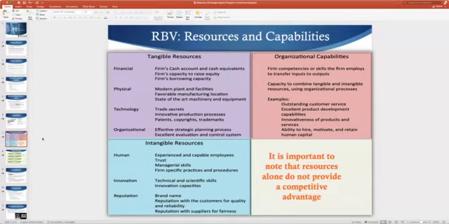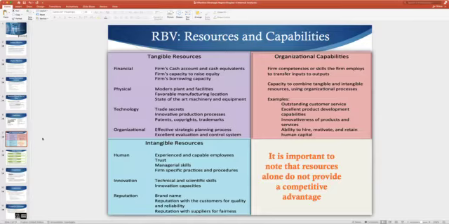Things like trade secrets, any kind of innovative production process, patents, copyrights, trademarks would all be considered tangible resources under technology. And then organizationally, does the firm follow effective strategic planning processes?